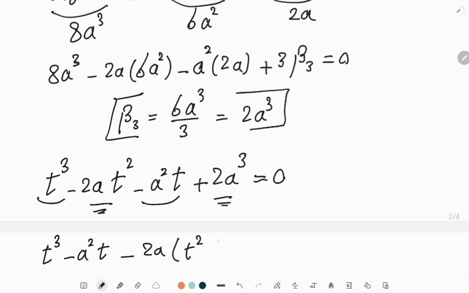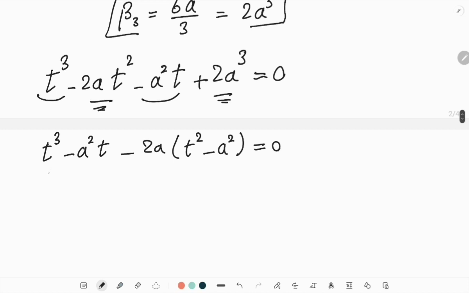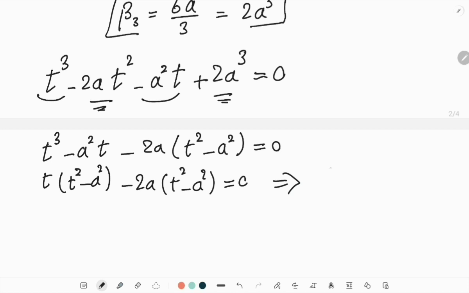So minus 2a times (t^2 - a^2). You already see a common factor here, because this is also t times (t^2 - a^2), right? So this is t^2 - a^2 as well. And this gives me (t^2 - a^2)(t - 2a) equals 0.